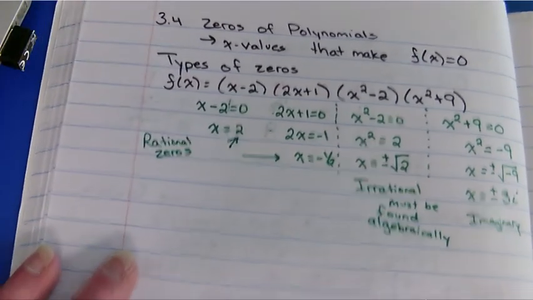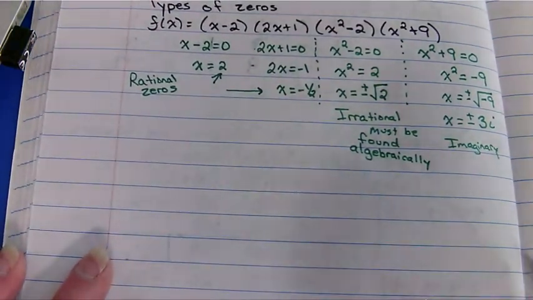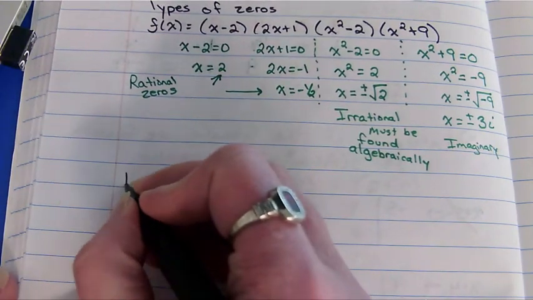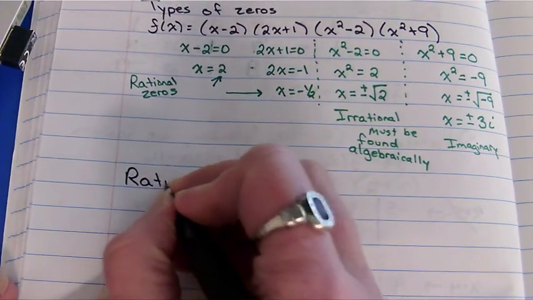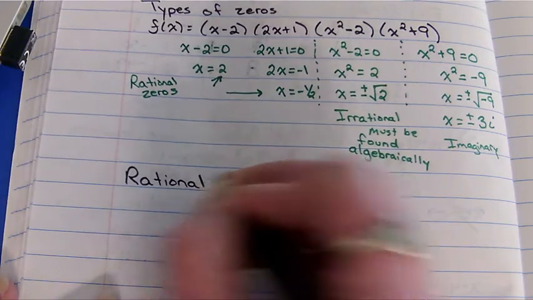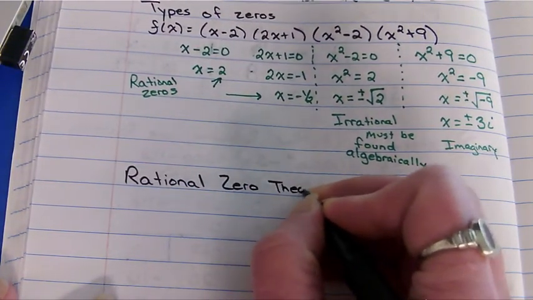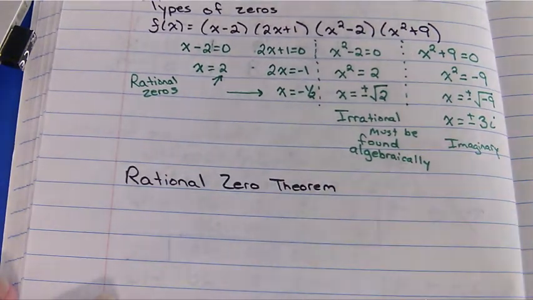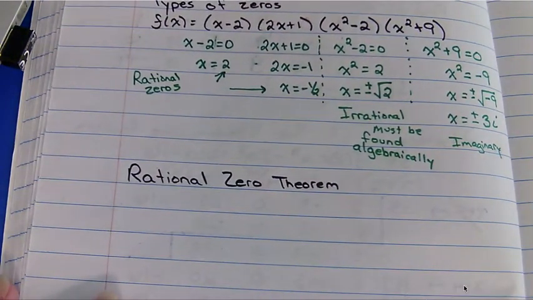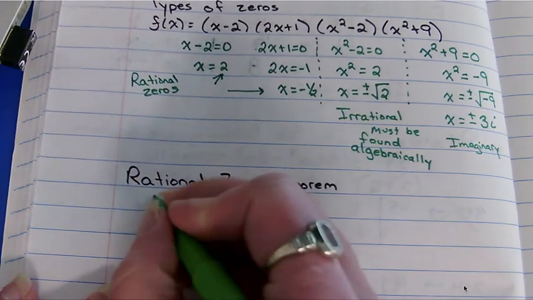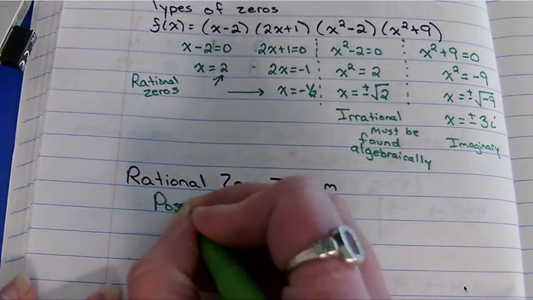Now there is something that can help us find our solutions, our zeros, and it's called the rational zero theorem. And what it does is it helps us find our possible rational zeros.